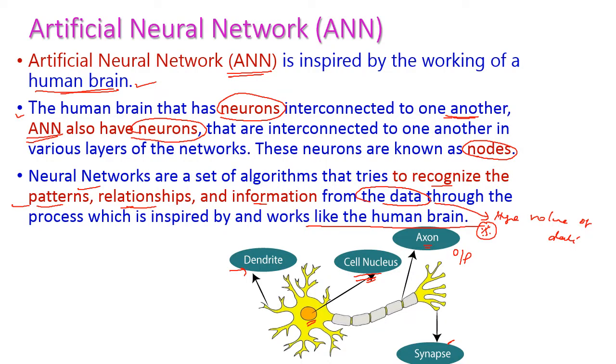Then this is like the weightage of input. That is, we are giving some additional weight to the input to pass the information from one cell nucleus to another cell nucleus.